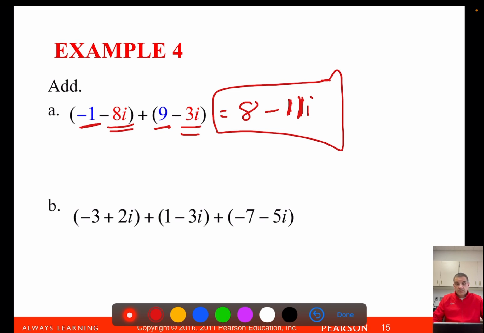So it just becomes combining real parts with real parts and imaginary parts with imaginary parts, and just leave it as an i, because no multiplying. It's just like if you had 8x and 3x, you get 11x. It's the same thing. So again, for this next one down here for part B, you locate the imaginary parts, you locate the real parts, you combine the real with the real and the imaginary with the imaginary.